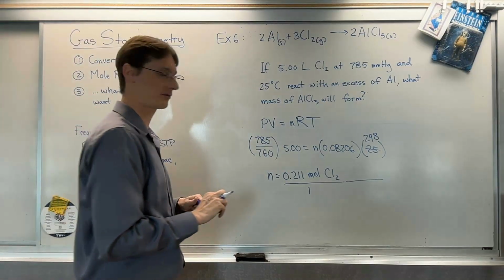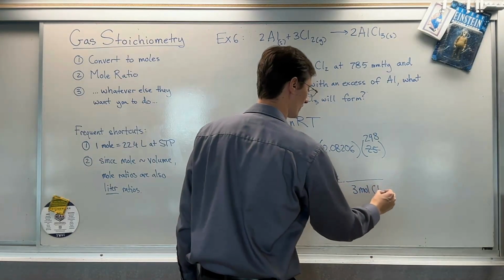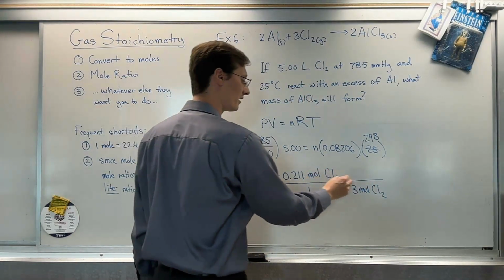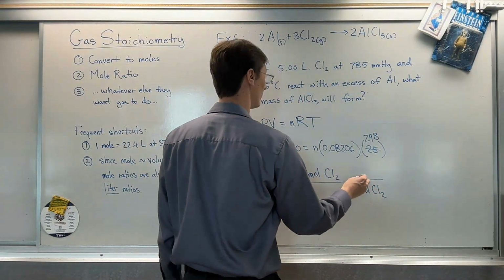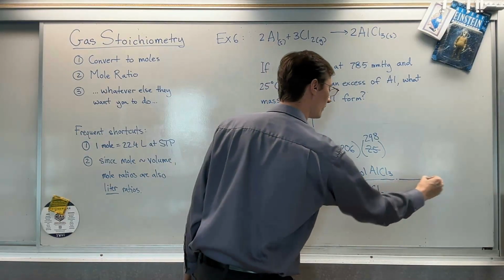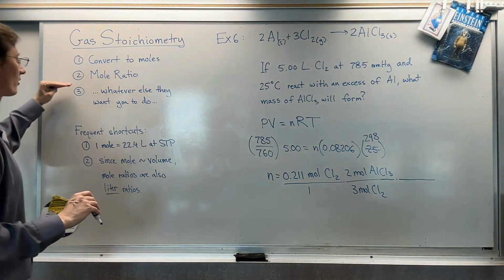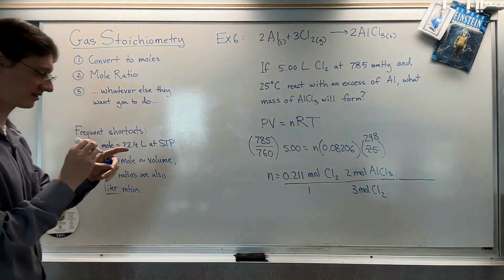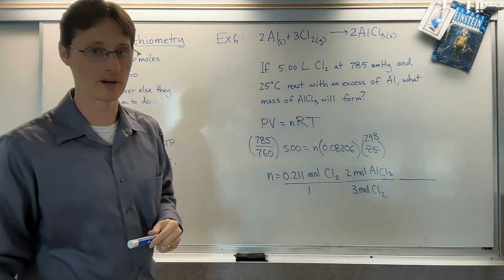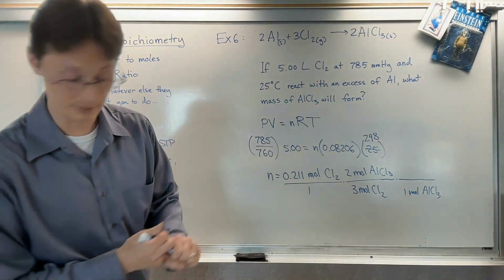Okay, mole ratio is 3 to 2. That 3 should go on the bottom because I have moles of chlorine up here, so I need moles of chlorine down there. 2 moles of aluminum chloride goes on the top. They are asking for the mass of aluminum chloride, so therefore I need to do the next step, which is multiply by the molar mass, which is 133.33.